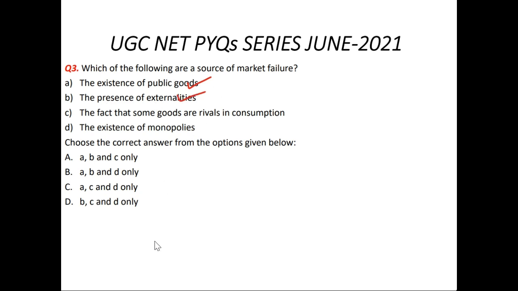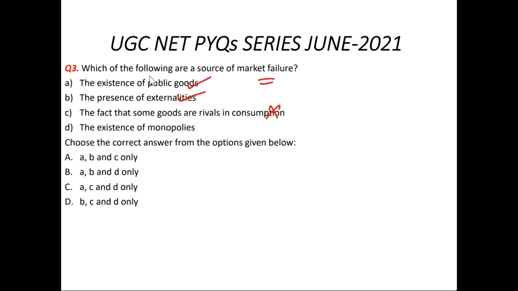The presence of externalities, both positive and negative, causes market failure. If a good is non-rivalrous and non-excludable, these are the features of a public good, and this is a cause of market failure.